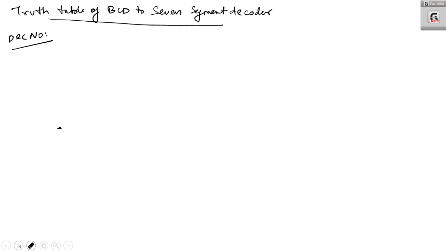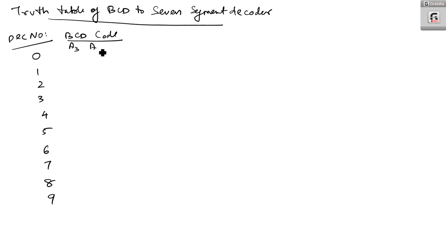Okay. Now coming to the decimal numbers. Which decimal numbers are we having? 0, 1, 2, 3, 4, 5, 6, 7, 8 and 9. Now write the corresponding BCD code, with A3, A2, A1, A0.